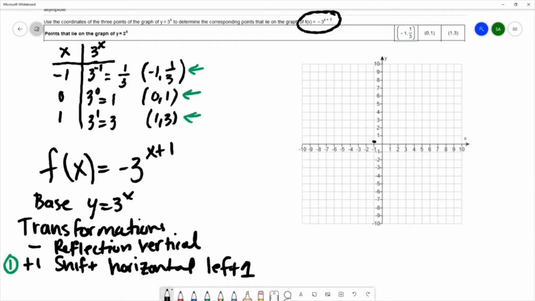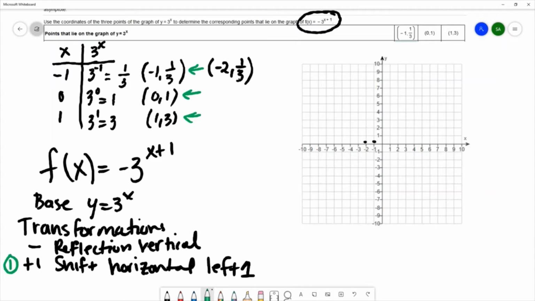The y-coordinate didn't change, but the x-coordinate moved to the left, and so that's subtracting 1. So that new coordinate became -2 and 1/3.